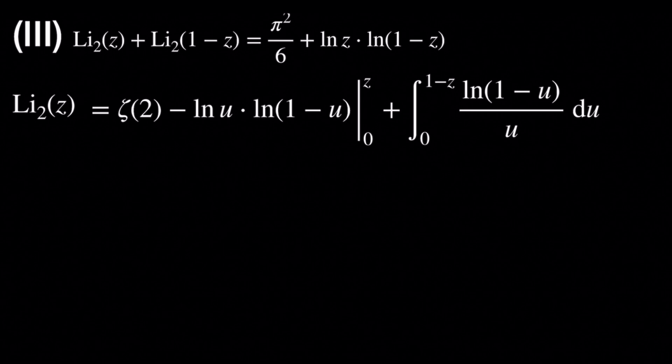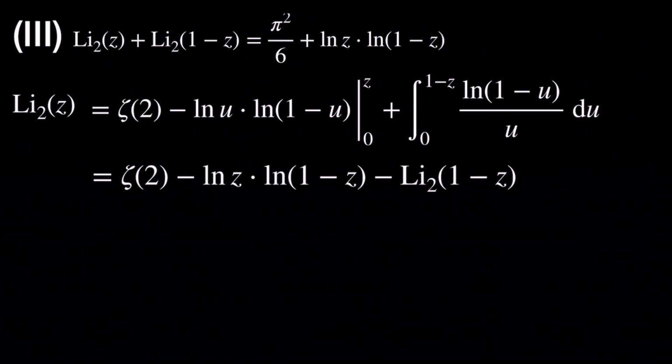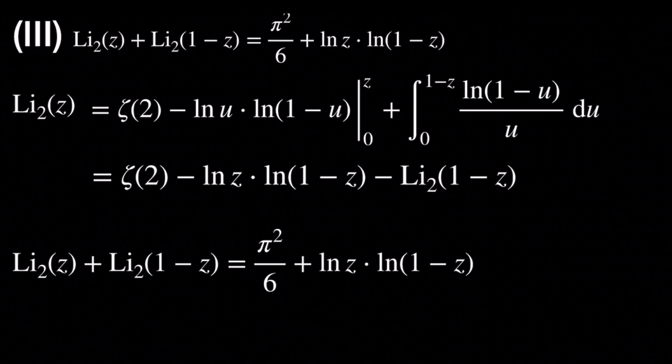So we end up with theta of 2 minus log of z times log of 1 minus z minus Li2 of 1 minus z. And then we just have to move the last term to the left hand side and replace theta of 2 by pi squared over 6. And that's precisely the Basel problem. So we get the desired identity.